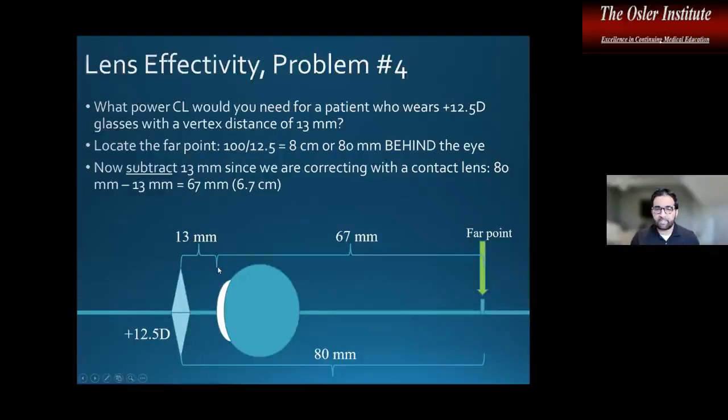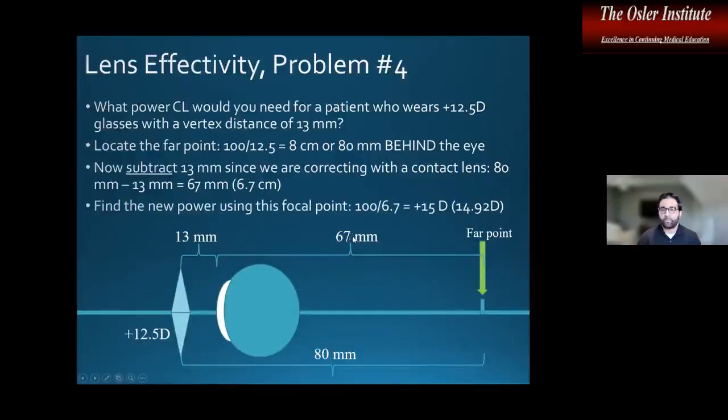And now we realize the distance from the patient's cornea to the far point is going to be 67 millimeters, AKA 6.7 centimeters. And now we can divide 100 by 6.7 in order to get the focal power of the eye. That's going to be about 14.92 diopters.